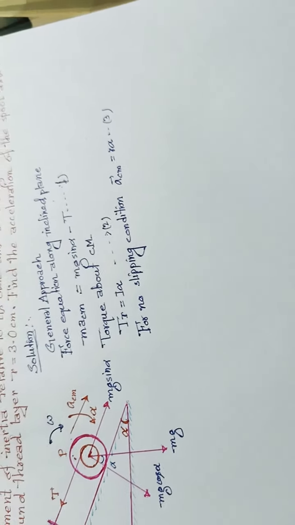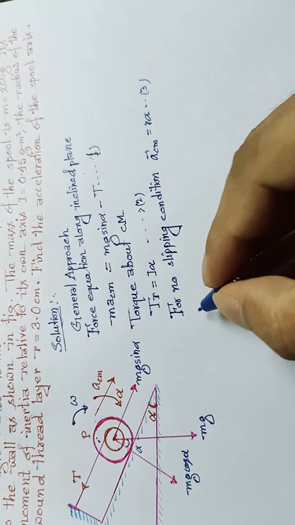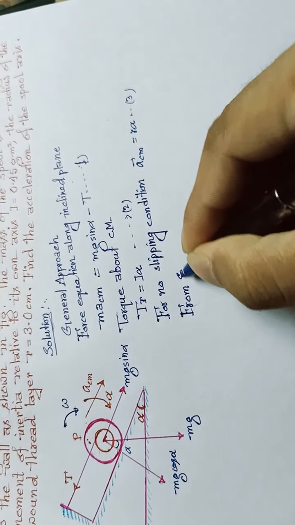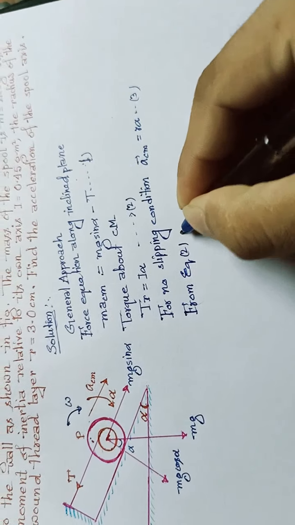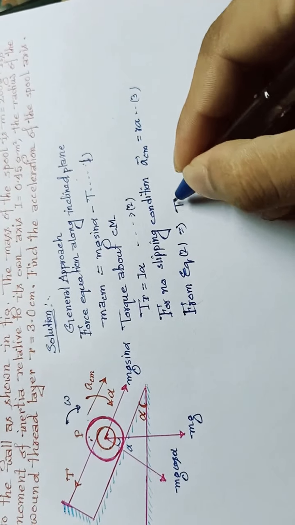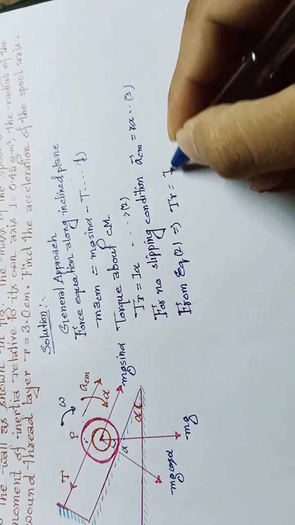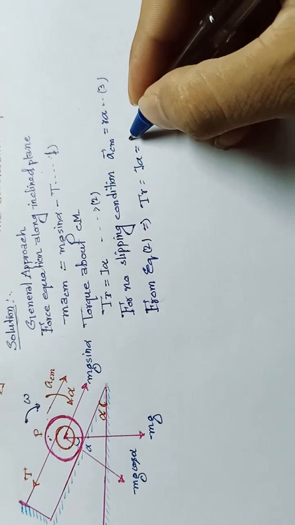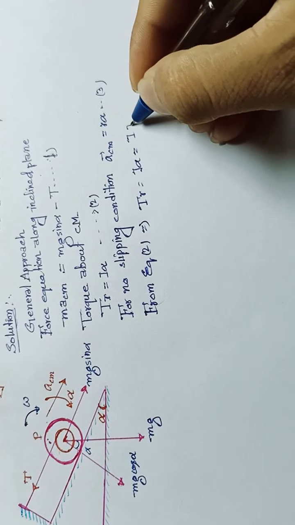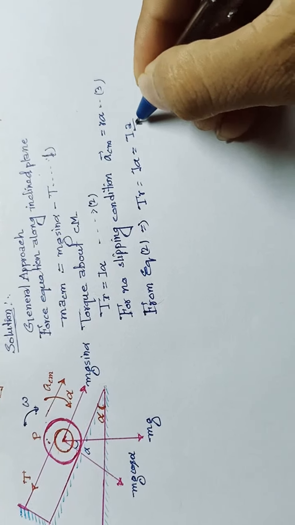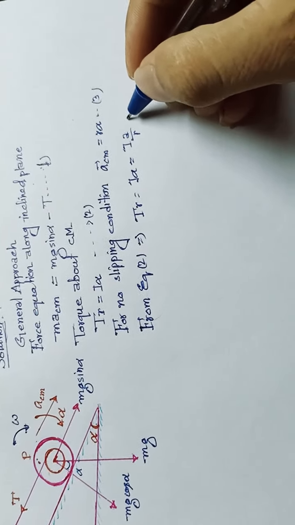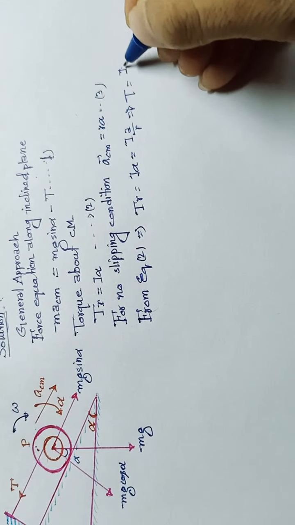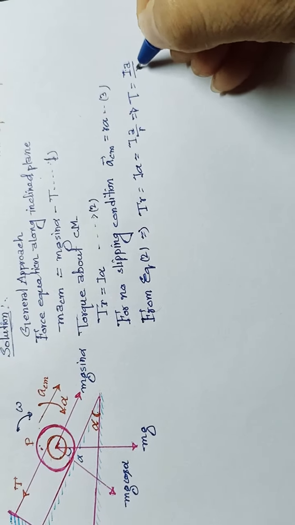From equation number 2, we can write T into R is equal to I alpha, which is equal to I a divided by R. So we can write T equal to I a divided by R square.